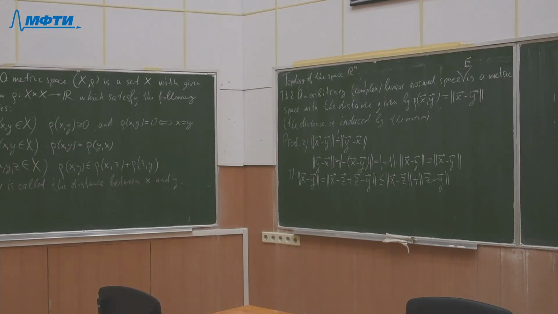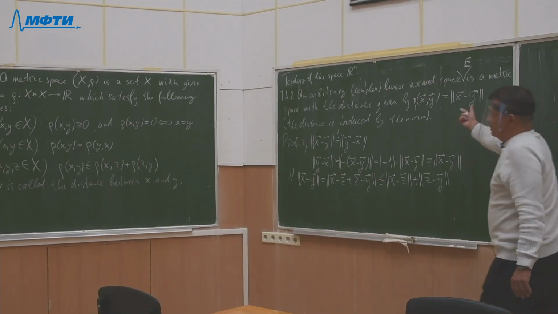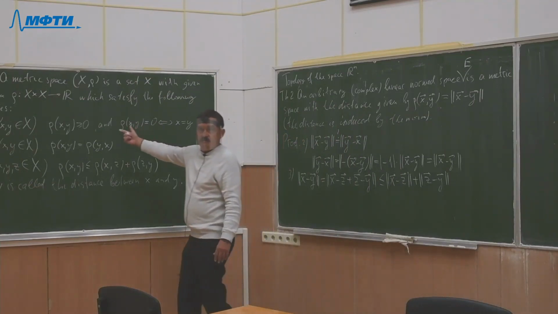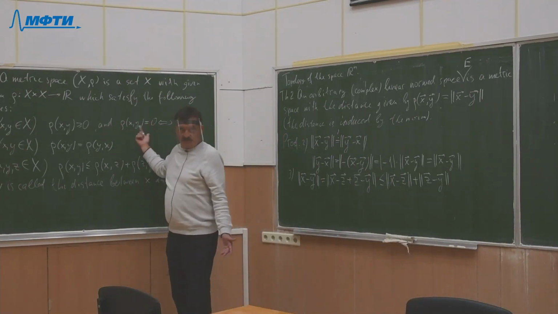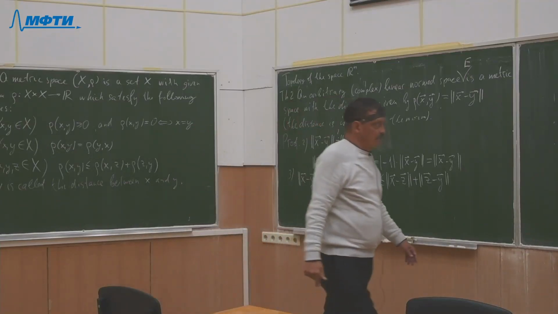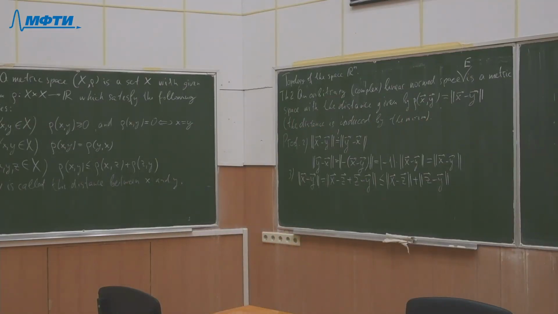I said it's immediate, you see. Norm of x minus y is always non-negative, right? And norm equals to 0 means x equals to y. So I didn't write here because they are almost immediate.